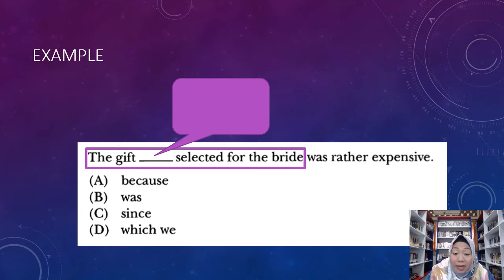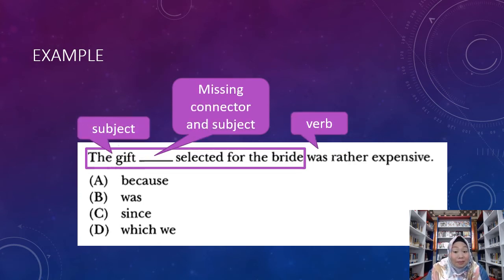Now, if we see another verb here, then it needs a subject and connector, right? So we need to find a subject and connector. So we have which we selected. Because this one is a verb and this one is also a verb, the sentence has two verbs. It means the sentence needs one connector and one more subject. Right, that is for skill 9.